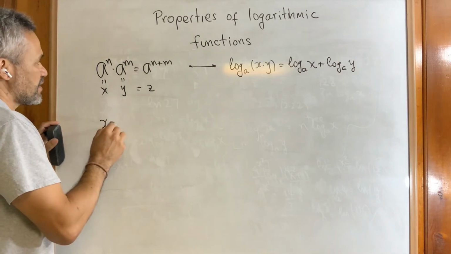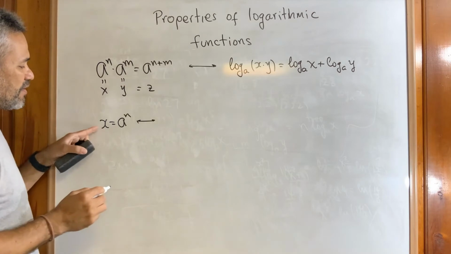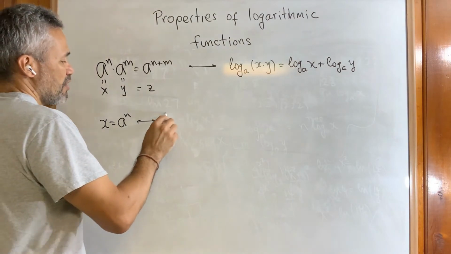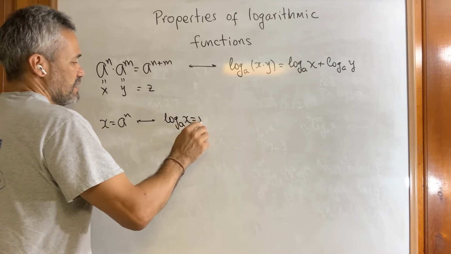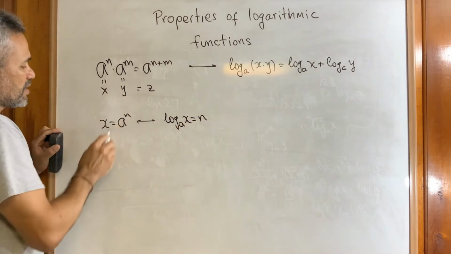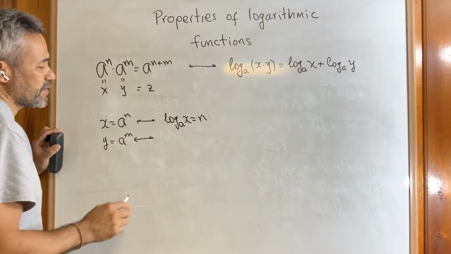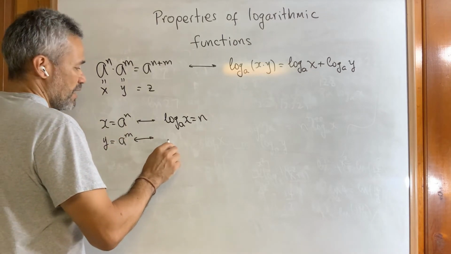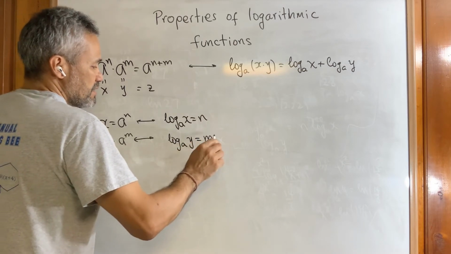Then we have x is equal to a to the n. If we rewrite this in logarithmic form, we have that log in base a of x is n. This equation y equals a to the m. If we rewrite it in logarithmic form, we get that log in base a of y is m.